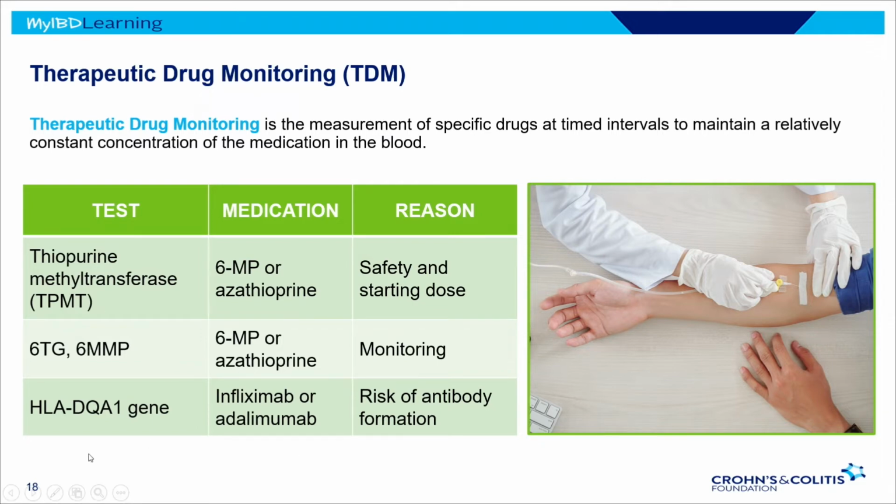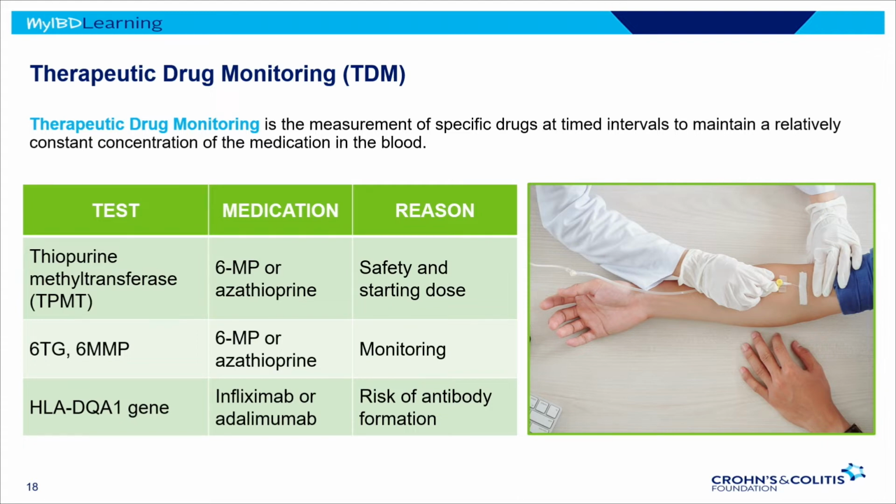And then there are other, more recent things that are available to help us personalize our care, the specific genes, the HLA-DQA1 is one example of where we're heading, where we could try to personalize care. In patients on infliximab or adalimumab, some of these monoclonal antibodies or biologics, some patients' bodies can make antibodies against them.